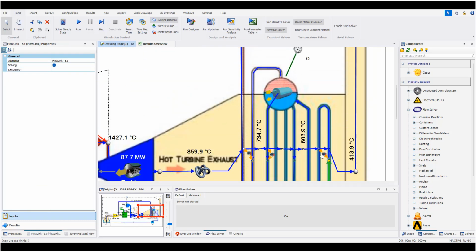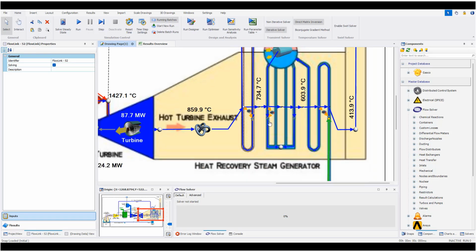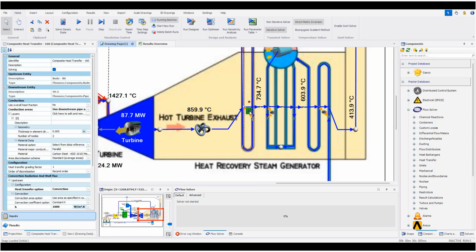okay, coming through these lines, and as you can see between the pipeline from the hot exhaust gas from the gas turbine, here we have thermal connection.